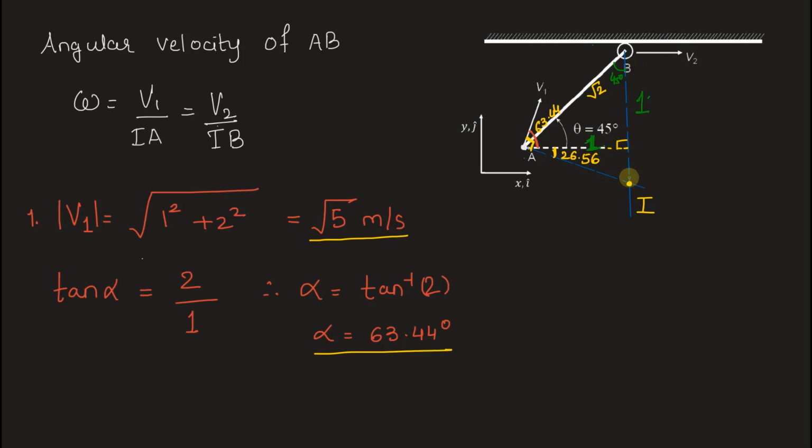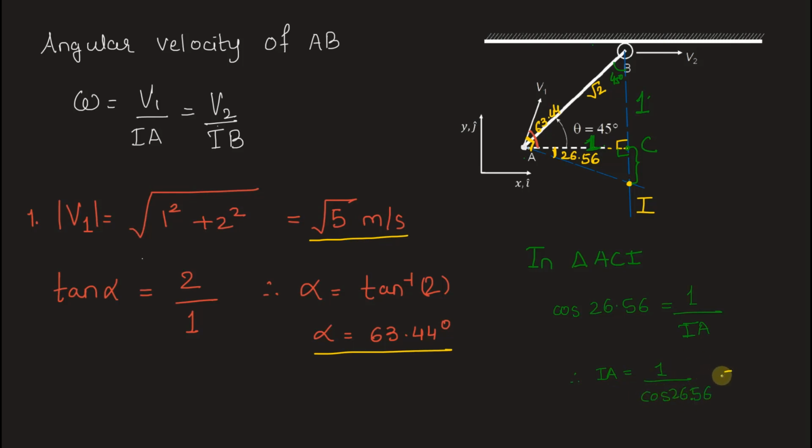To calculate the total distance IB, we will have to calculate this side of the smaller triangle, and IA will be given by the hypotenuse of this smaller triangle. Let this point be C. In triangle ACI, we can write cos of 26.56 to be the adjacent side 1 divided by the hypotenuse IA. Therefore, IA can be written as 1 upon cos 26.56.